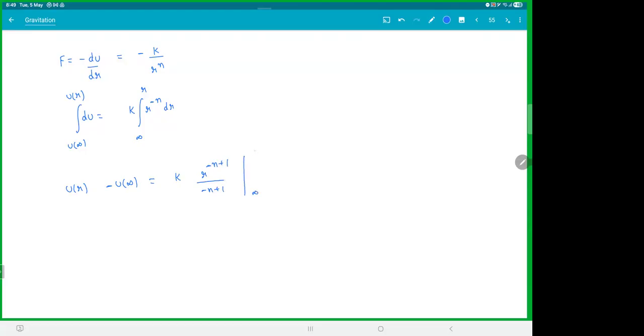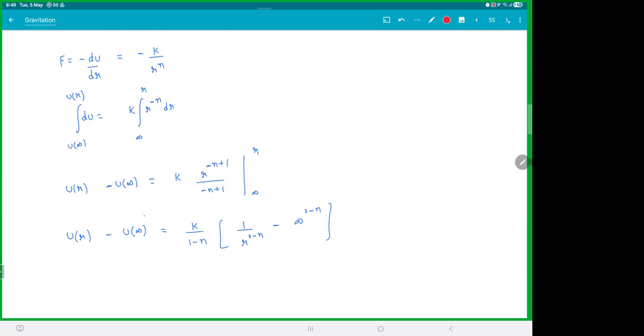Limits are from infinity to r. So here you get two conditions. Now we know at infinity there is no interaction between them, so that is where we take our reference as potential energy. This is k by 1 minus n, and this guy would be 1 by r to the 1 minus n, and this is 1 by infinity to the 1 minus n. So you get something like this.